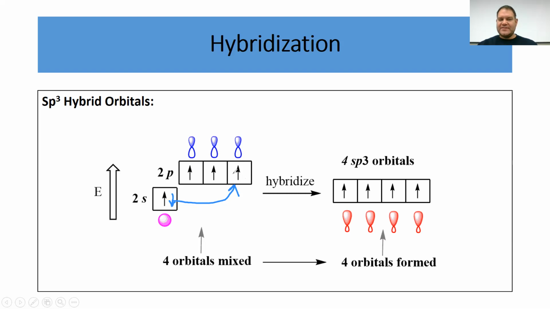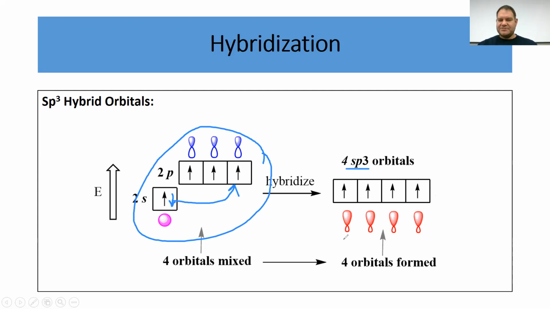Now, once this electron is up in that 2p orbital, all four of those can combine and hybridize into the four sp3 orbitals, which are depicted right here. And notice that we can form these four overlaps in this regard.